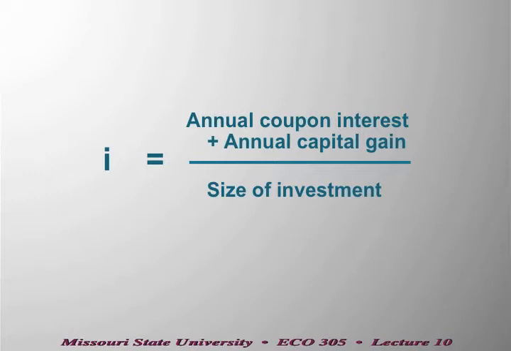That is to say, a capital gain would be an increase in the value of the investment, its market value. And the size of the investment, we're not going to change that. I'll write it slightly differently, amount invested.